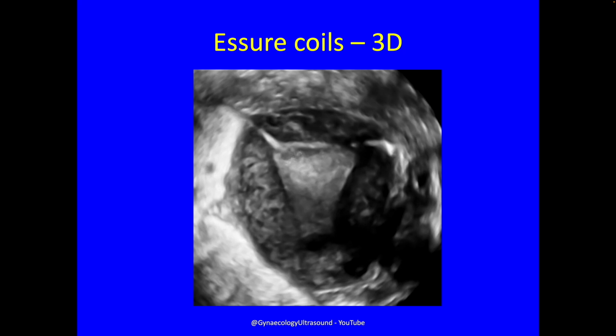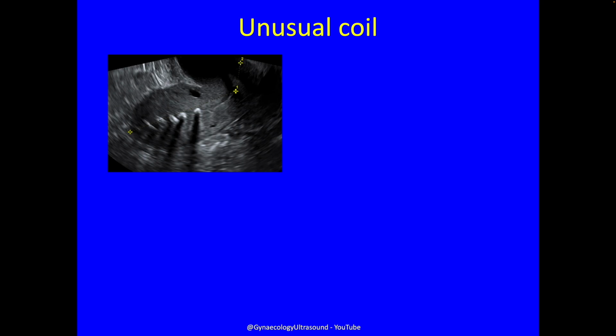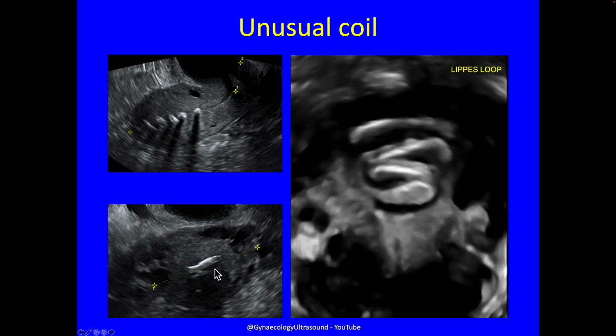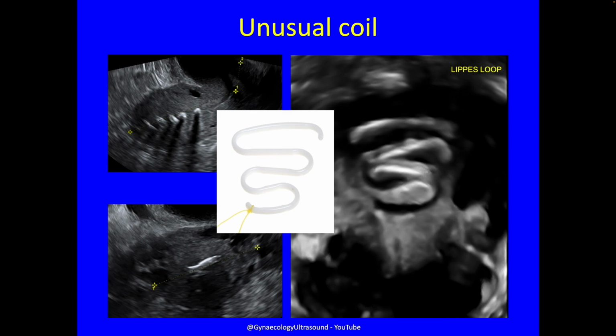And when they did Essure coils, little metal inserts into the interstitial portion of the fallopian tube, 3D was especially nice to visualize whether they were in the right place. This is an example of a very unusual coil. This is it on longitudinal view and on transverse. And this is a Lippes loop, which we used in the 60s.